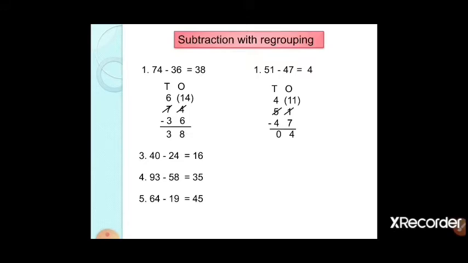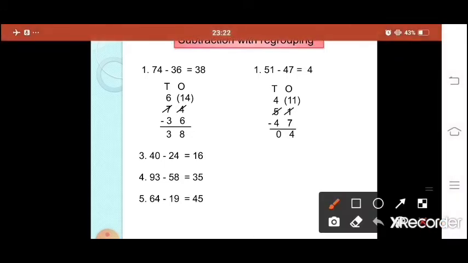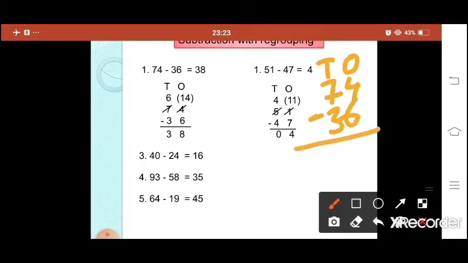Here you have to learn very carefully. First one, if you observe, is 74 minus 36. I showed you before, but again I am showing you. Now you observe here, 74 is bigger than 36.